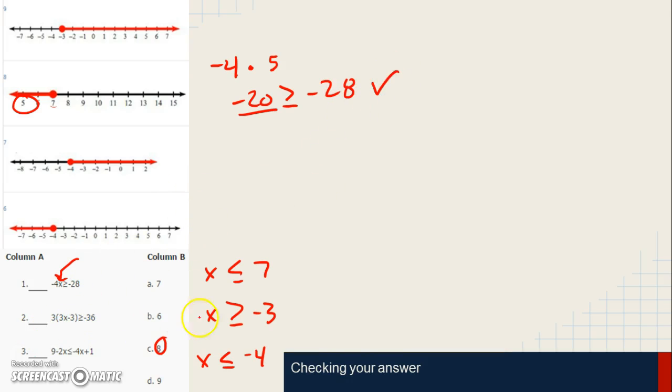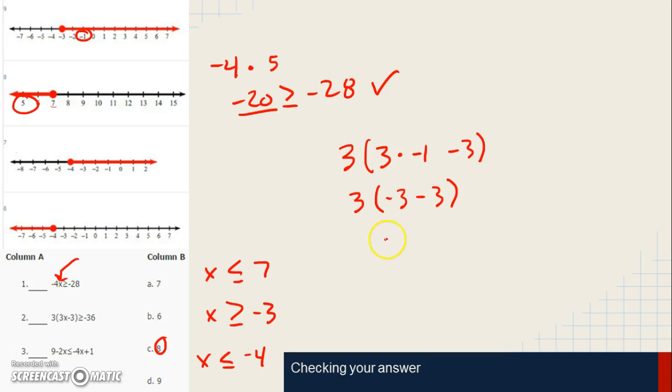So for number 2, we chose 9. So I'm just going to take a number on the right side of negative 3. So I'm going to take negative 1, and I'm going to check my answer by putting it in the original inequality. So 3 times negative 1 minus 3. This number should be greater than or equal to negative 36. So negative 1 times 3 is a negative 3 minus 3.